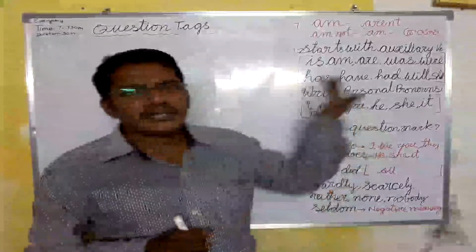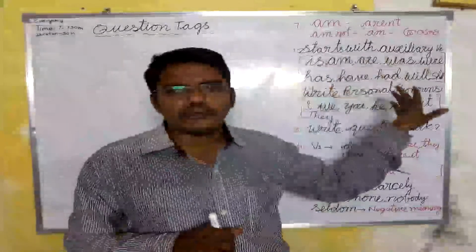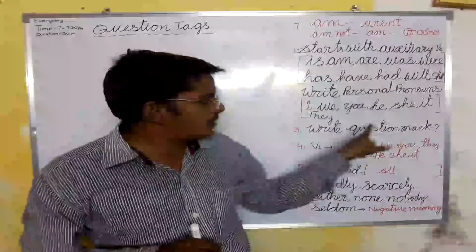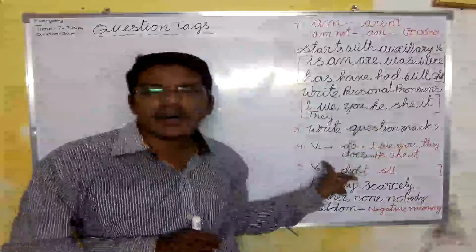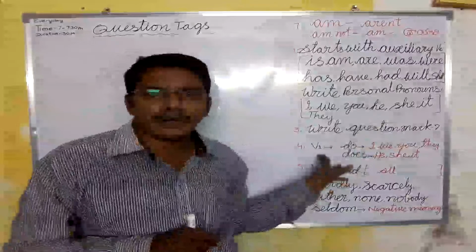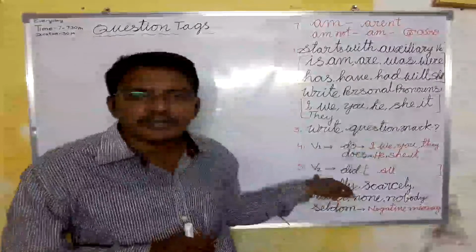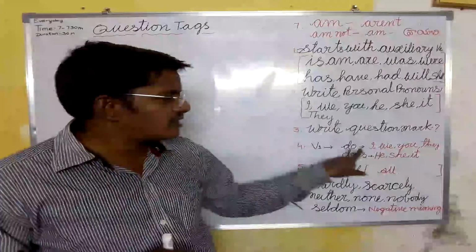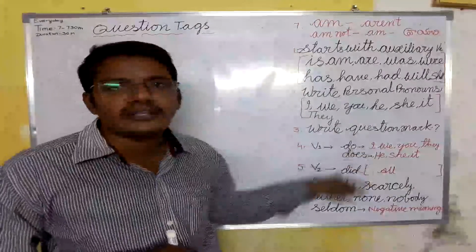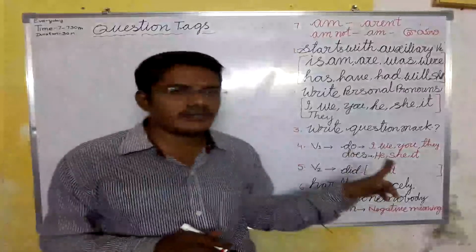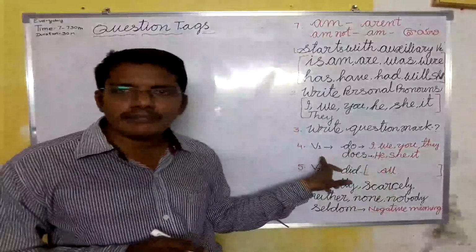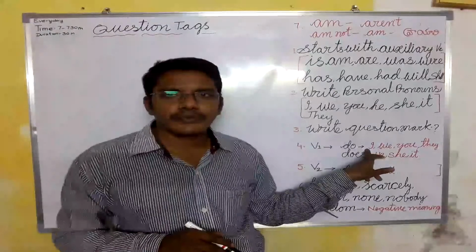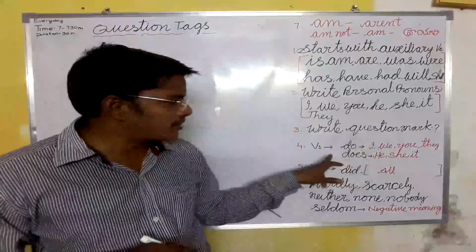Next, fourth point. So మనకి సెంటెన్స్ లో auxiliary verbs లేవు. Then what do you do? అప్పుడు ఏం చేయాలంటే you have to see the verb one. Verb one ఉందా లేకపోతే verb two ఉందా చూసుకోవాలి. If there is a main verb V1, then you have to start with do or does.